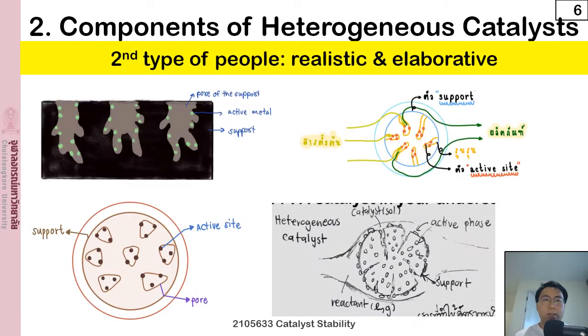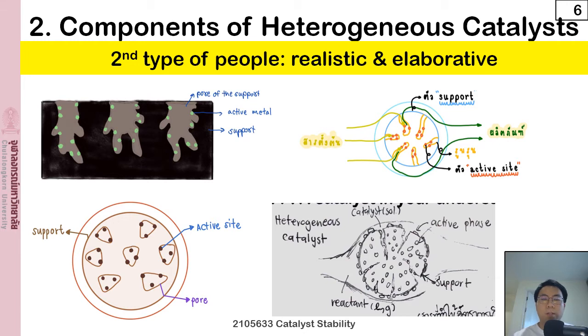Next, the second type of people who are realistic and elaborative. The first one on the top left, you can see that he even includes the pore of the support and also the active site that's situated on the pore.